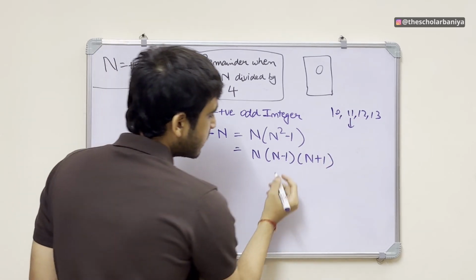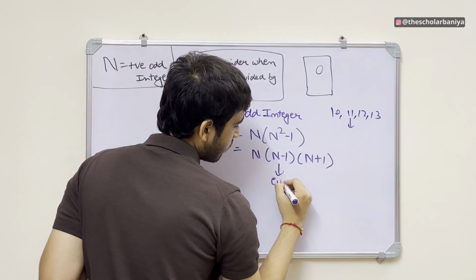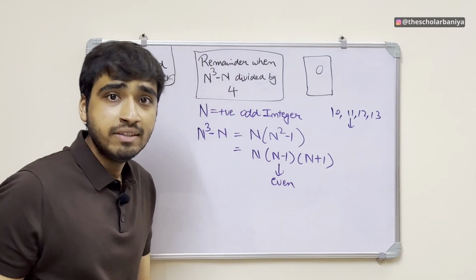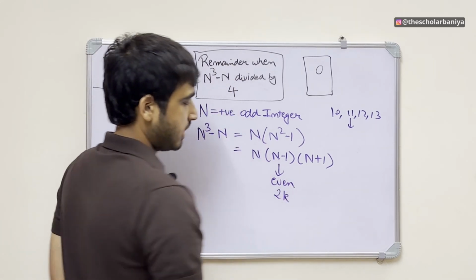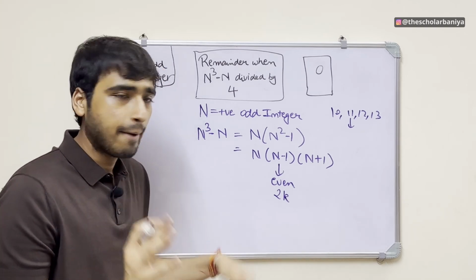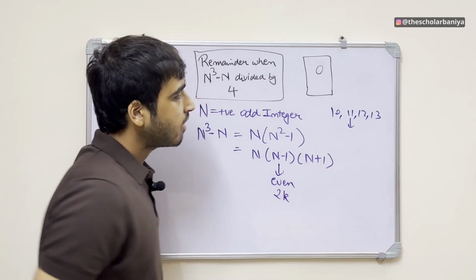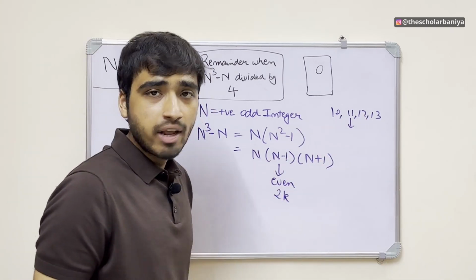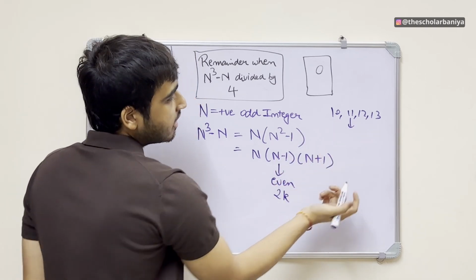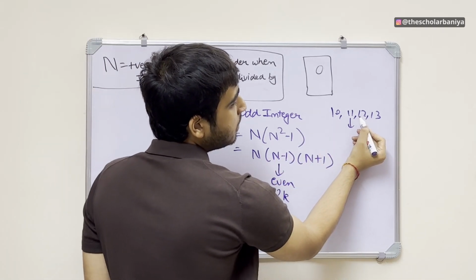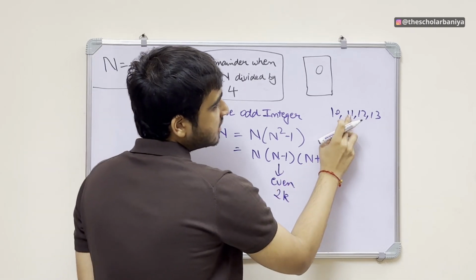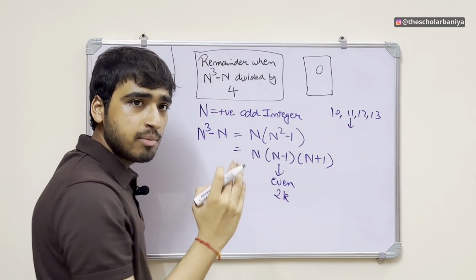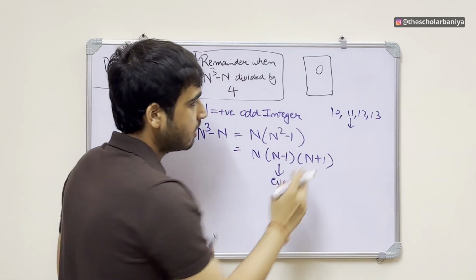Even means of the form 2k, right? And what will be n plus 1? n plus 1 will be 12, which is again even. So if this is an odd number, one number before that will be even, and one number after that will be even.